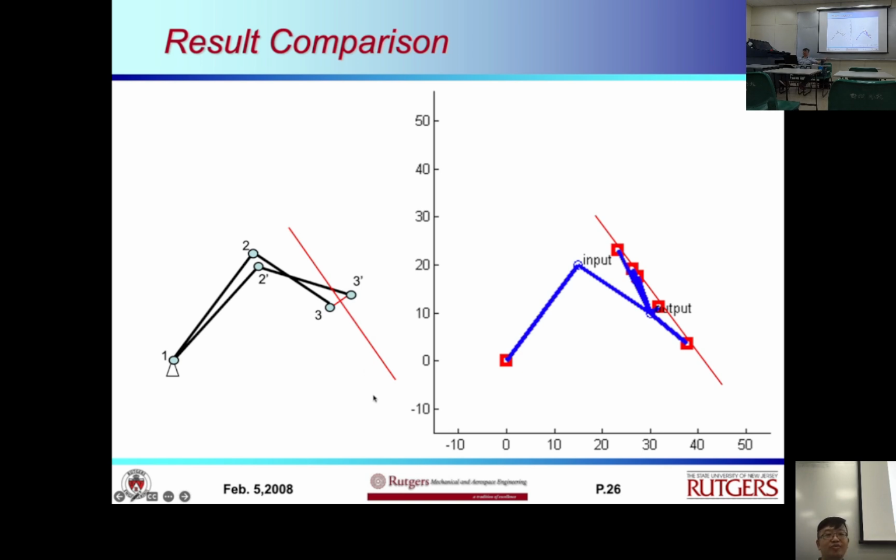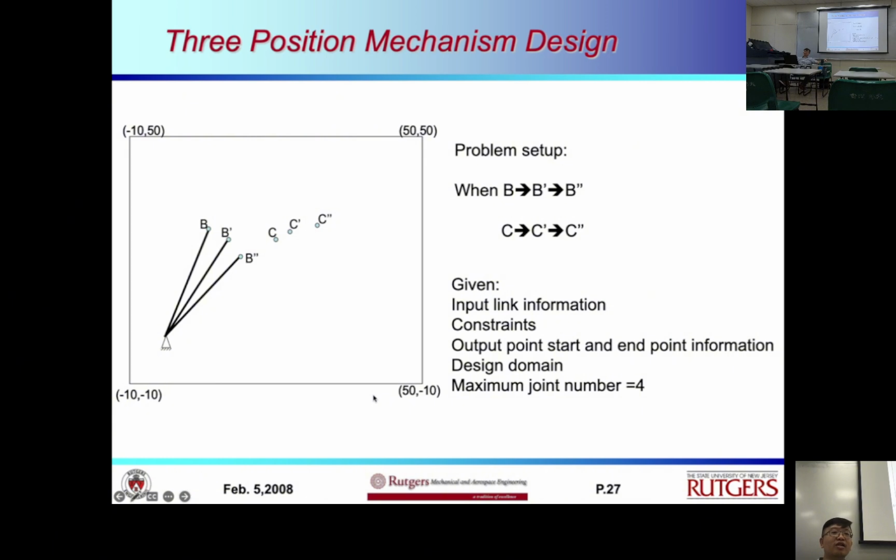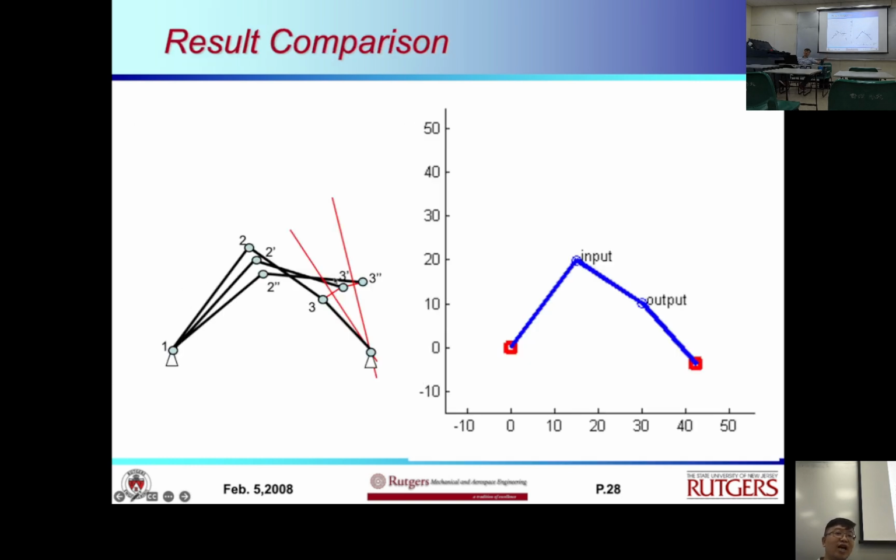Okay, four-bar linkage. And this is a different problem where she's asking the four-bar to move from one point C to C prime to C double prime. So two desired positions. Graphically, that will give you the exact output position of the fourth joint right here.